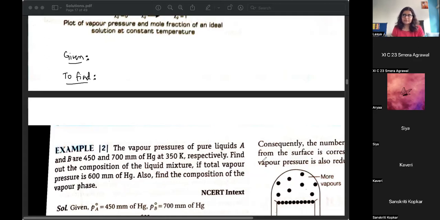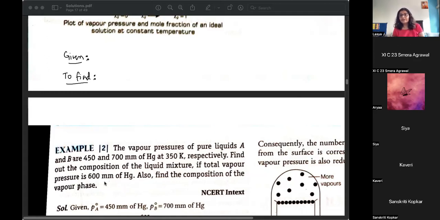Are you also finding the composition in vapor phase? I'll try. I'm not sure how to proceed. As I said, in the last step we discussed, you know the individual vapor pressures, you know the total vapor pressure. So now you have to find the partial vapor pressures, and from there figure out the composition. It's slightly longer.